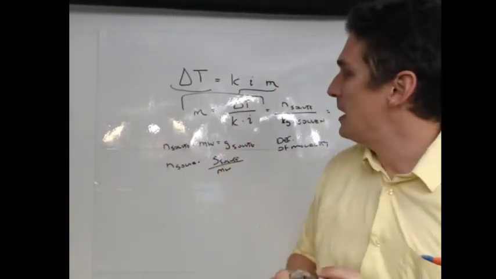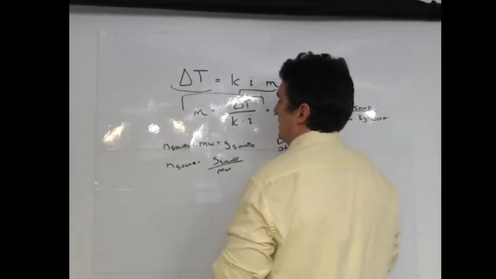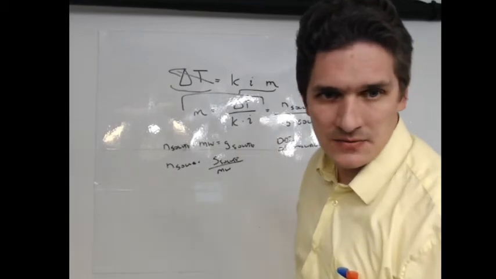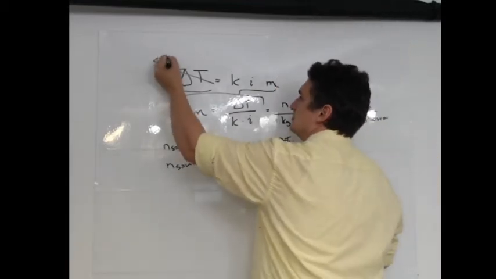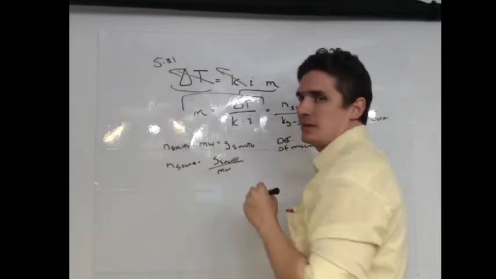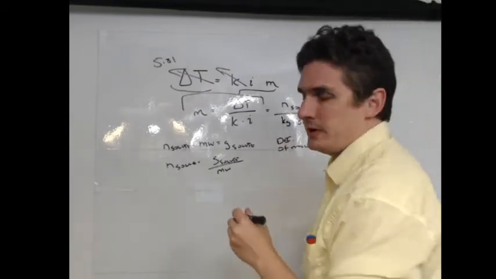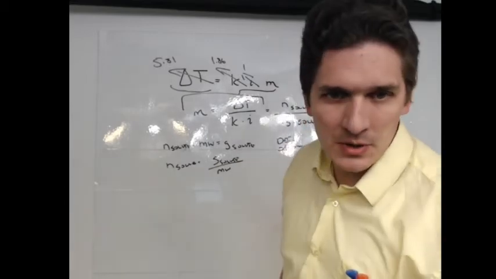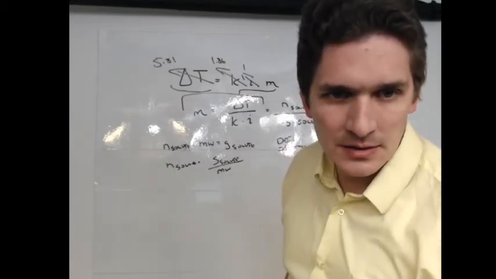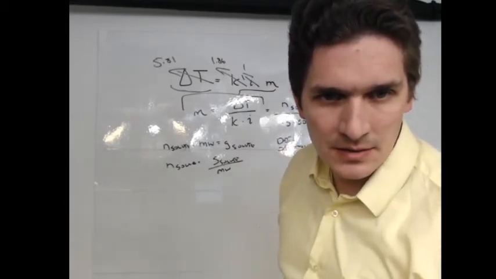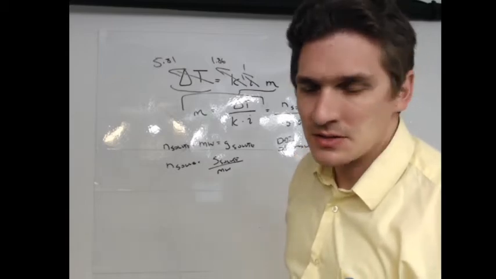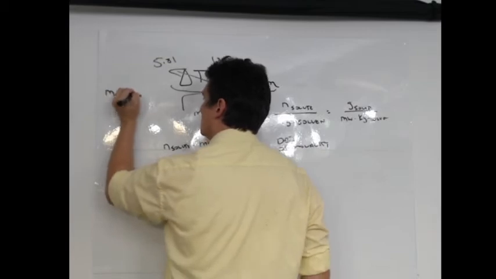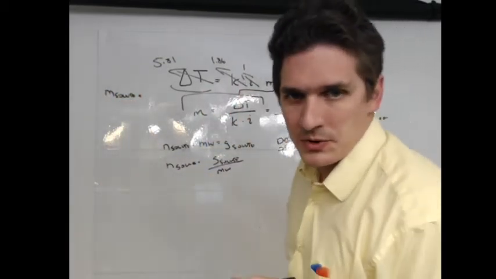So Julie's posted a problem here. If our delta T is 5.81, our constant here is 1.86, I is probably going to be 1, and the mass of solute equals 3.13 grams.